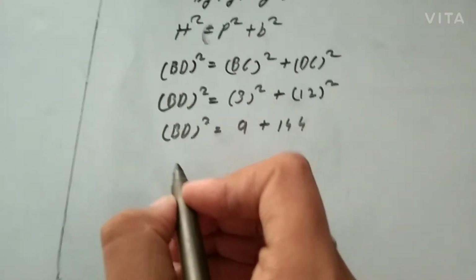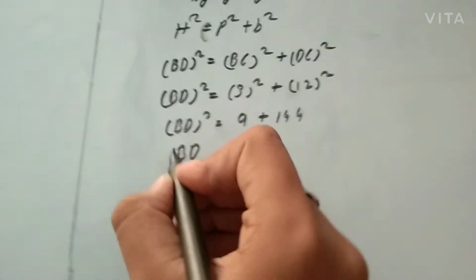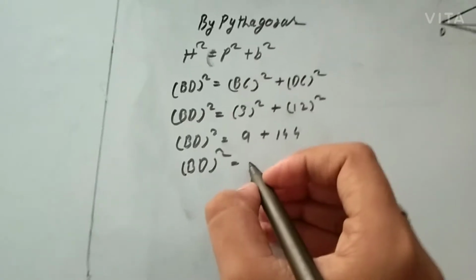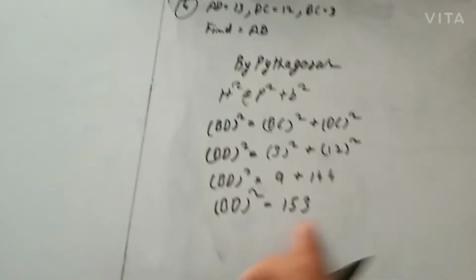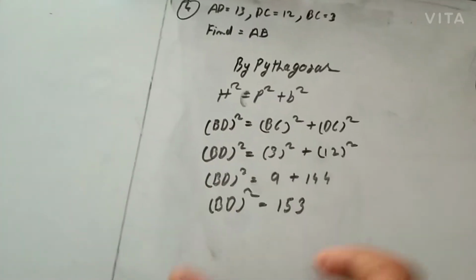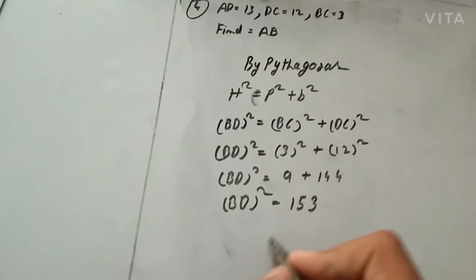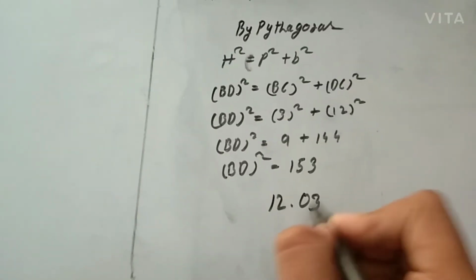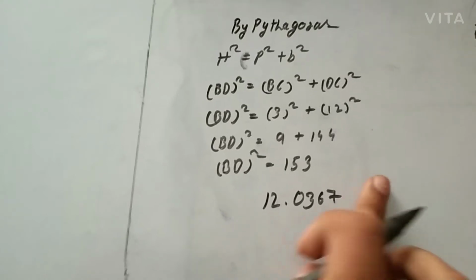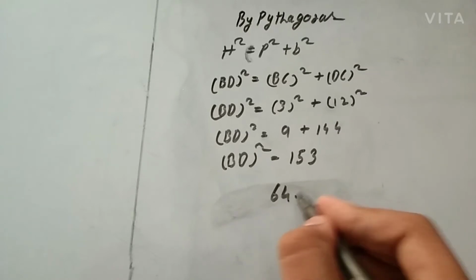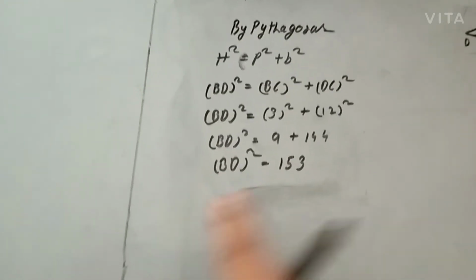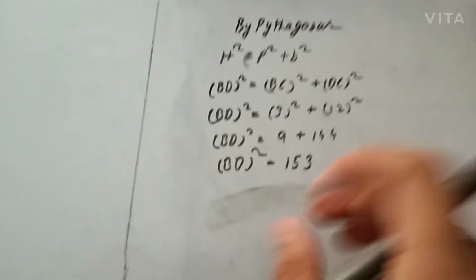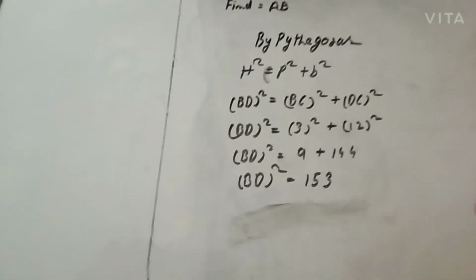So BD square equals 153, and if we convert it we will get a number with decimals, like 12.36. We will get the answer in decimals like that.